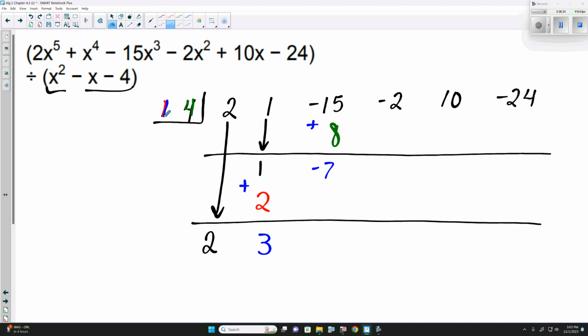So now we're going to do our 1 times 3 is, 4 times 3 is 12. And then again, we add. Negative 7 plus 3 is negative 4. And negative 2 plus 12 is 10.